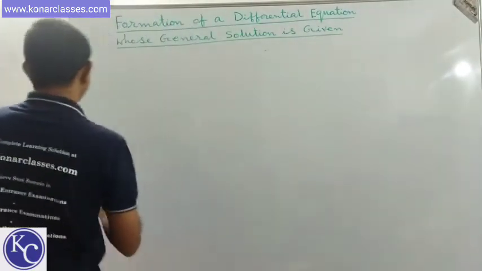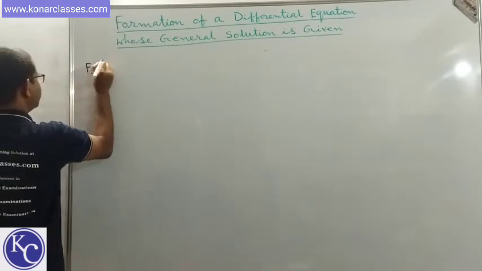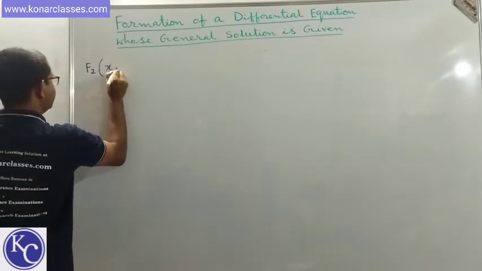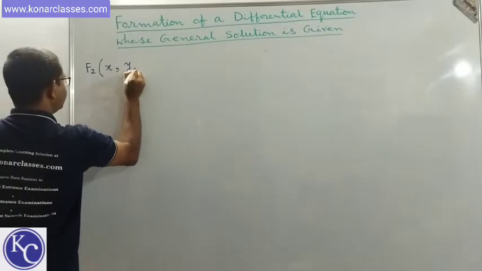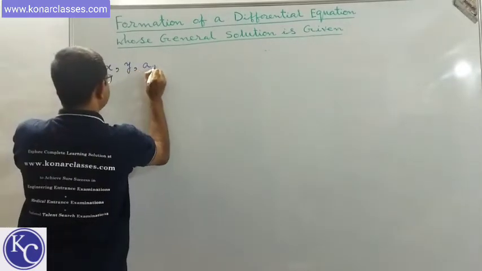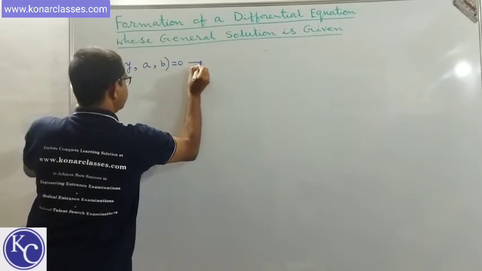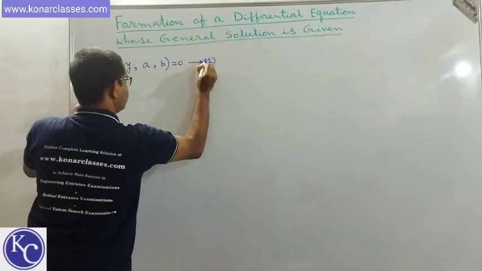Suppose we have a curve something like this, f2. It contains x, the independent variable, y, the dependent variable dependent on x, and two arbitrary constants a and b, equal to 0. And this we are giving as equation 1.